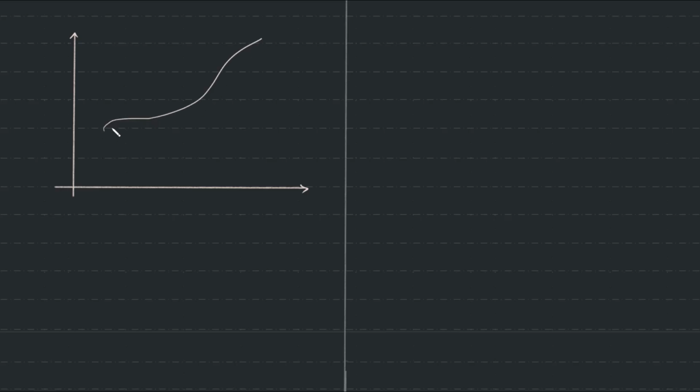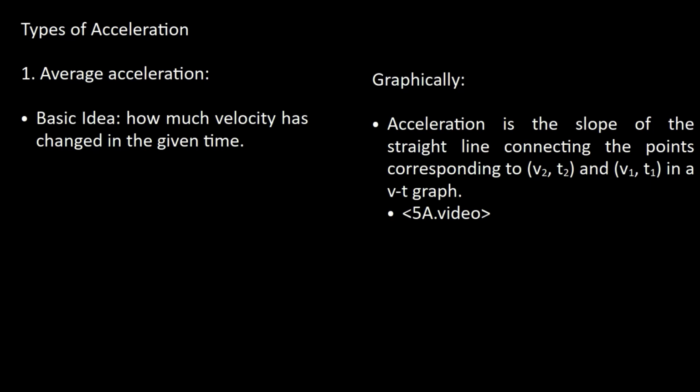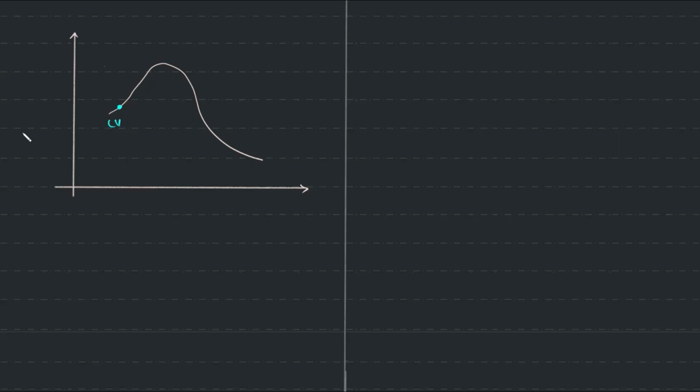It doesn't matter. Or it can go this way also, up and then down. Say I want to figure out the average acceleration between V1 and V2. So this is V1, T1. And this is V2, T2.